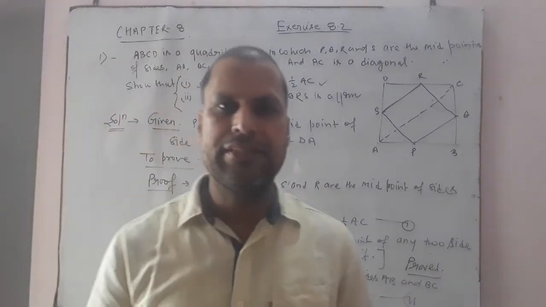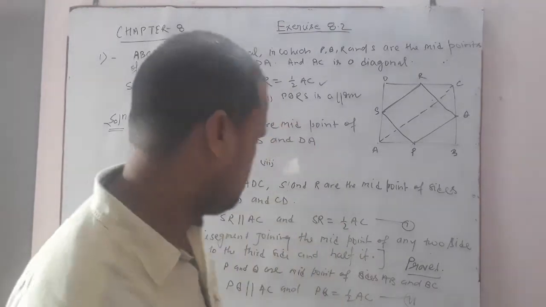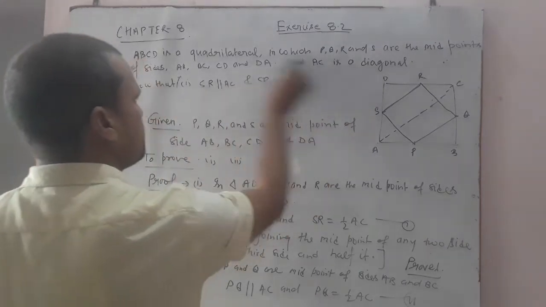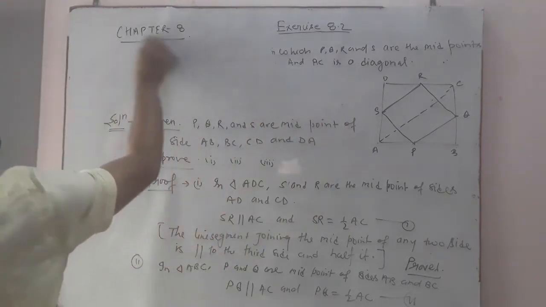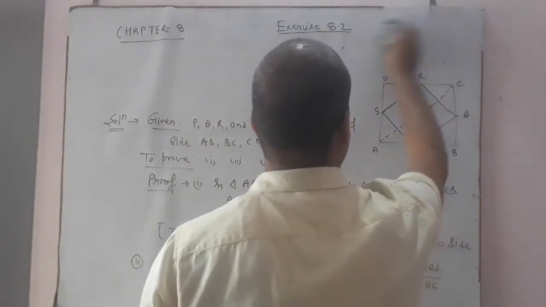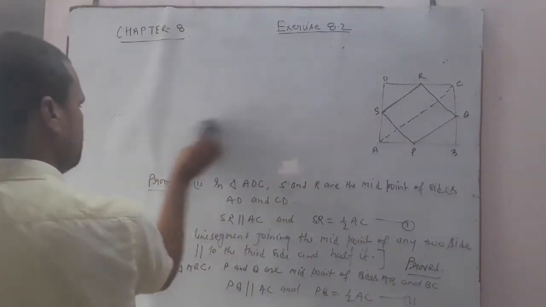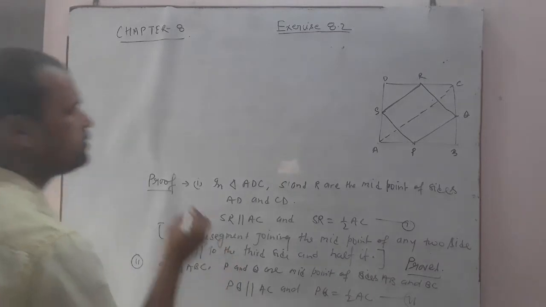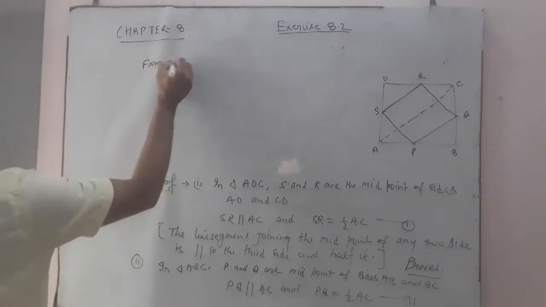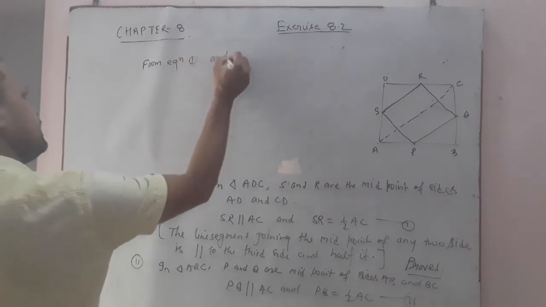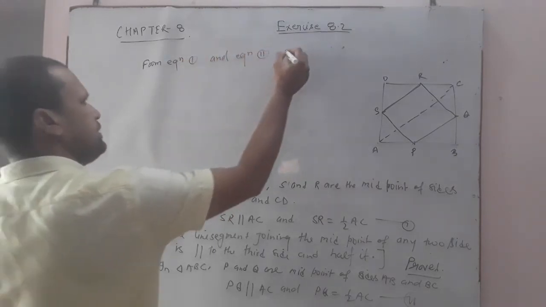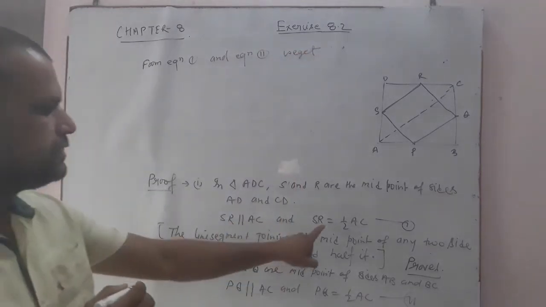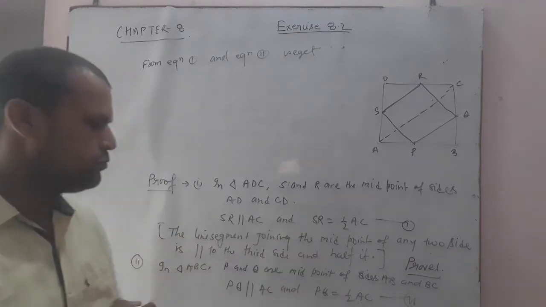Now from equation first and equation second we get half AC equal to SR and half AC equal to PQ.